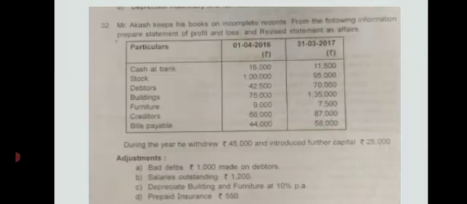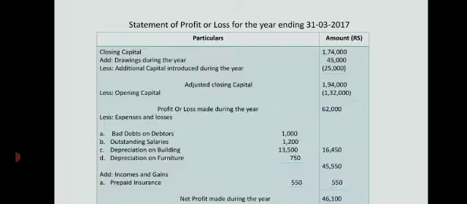Right, now in the problem, they have given certain adjustments like bad debts, salaries outstanding, depreciation on building and furniture, and prepaid insurance. By considering these adjustments, we are supposed to include them in our particular format. That is, we are supposed to deduct expenses and losses, and we are supposed to add incomes and gains, right?